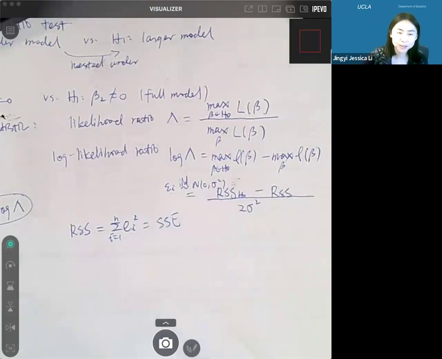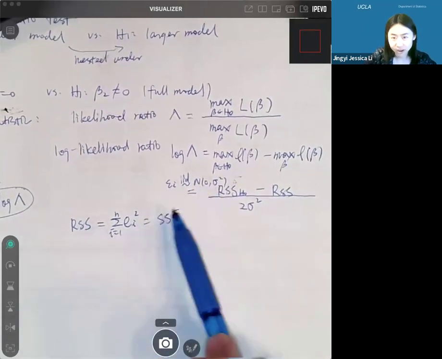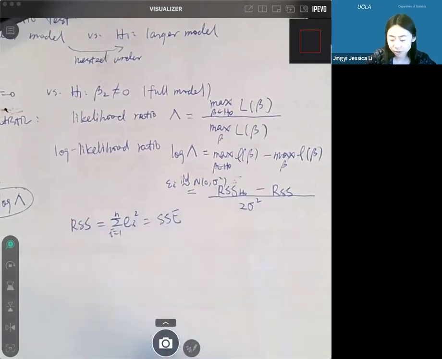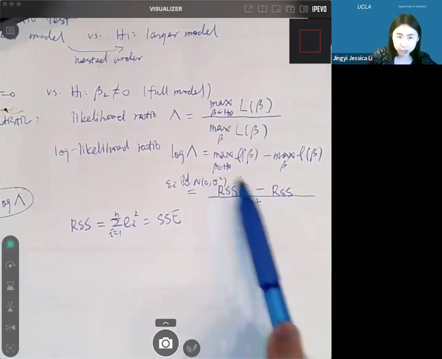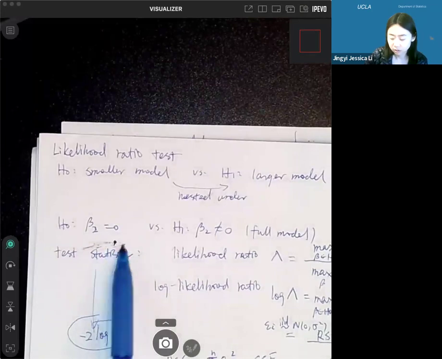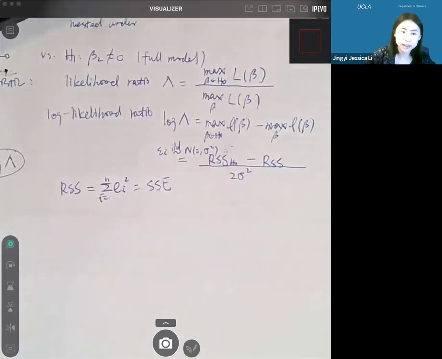Even though I said multiple times we shouldn't call it the error term, people just call it that by convention. So you will see both terms and they refer to the same thing. It's just the sum of squared residuals. When we see RSS H0, it means the residuals were derived from the smaller constrained model. If we just say RSS, it's the residual we obtain by fitting the full model.